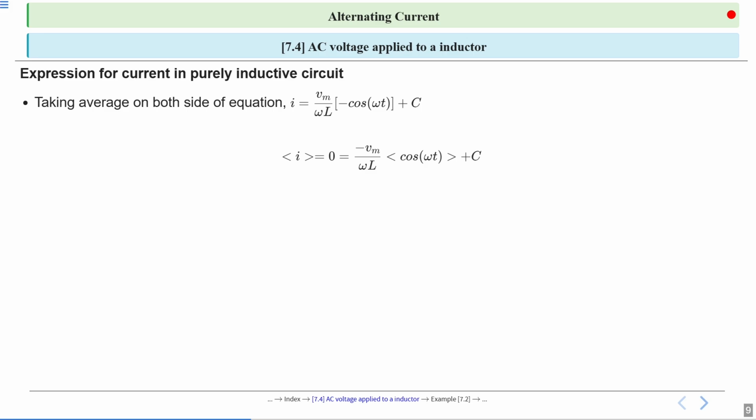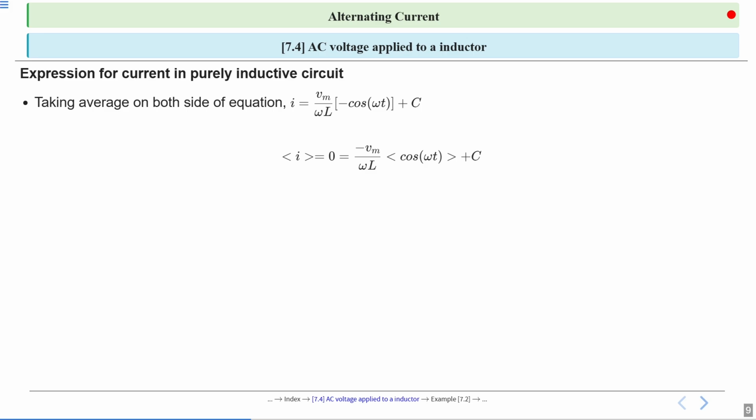So 0 equals minus Vm upon omega L times the average of cos omega t plus C. These are constants, so they come out of the average: the average of Vm is Vm, of omega is omega, and of L is L. So what is the average of cos omega t? We have discussed some standard average values of sin omega t, cos omega t, sin square omega t, and cos square omega t.